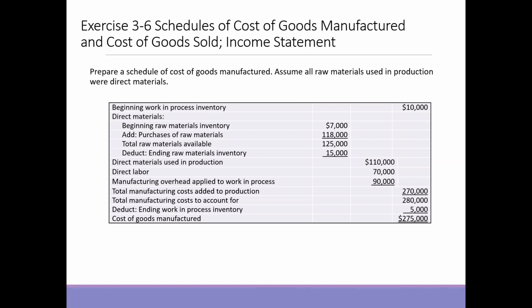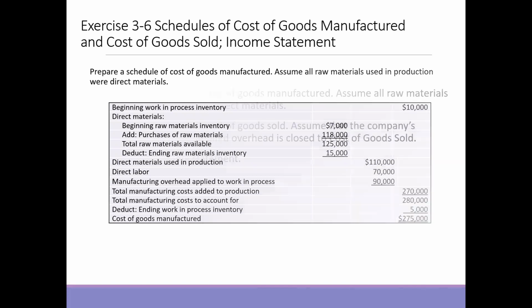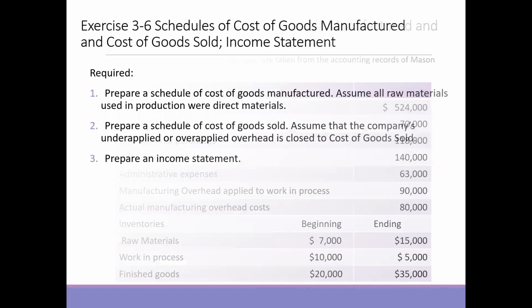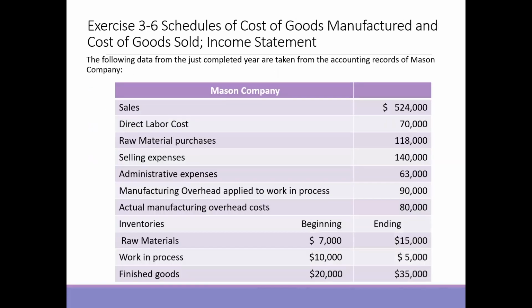Now we have to go back though to our raw materials. They gave us our beginning balance of raw materials, what we purchased during the period, and our ending raw materials. Remember that? Back here. Raw materials started at 7. We purchased 118 and we ended at 15. So we know the difference was transferred to work in process.